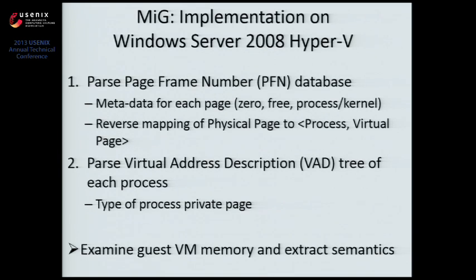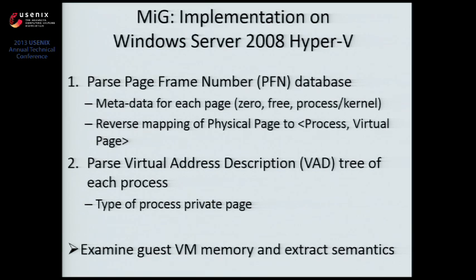Okay, so we have implemented MiG on Windows Server 2008 Hyper-V, and it really has two pieces. It examines the guest VM memory to extract the semantics, and once you have the semantics, we apply the technique tailored for it. First, in Windows, there's a database called the page frame number database, which has metadata on the pages, page type and so on, and also a reverse mapping into the process virtual address space, from which we can find out what the process virtual private spaces are.